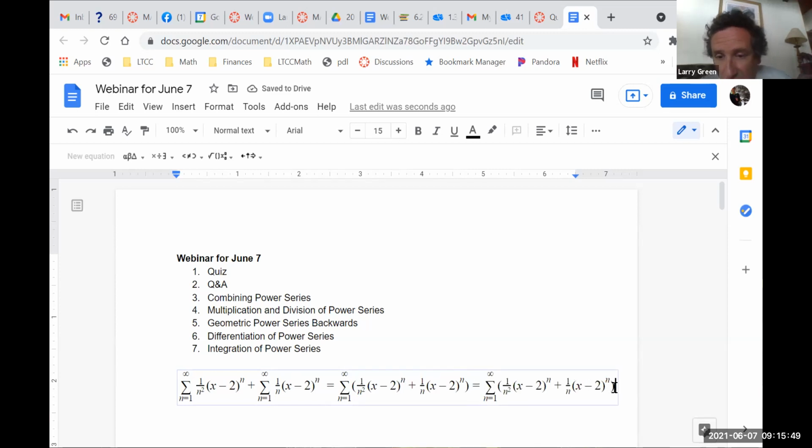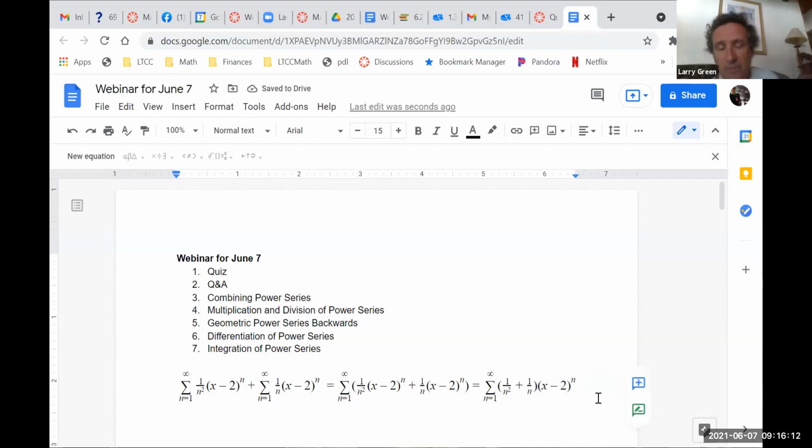So I can get rid of a bunch of things, and I could write this as the sum of 1 over n squared plus 1 over n, times x minus 2 to the n.